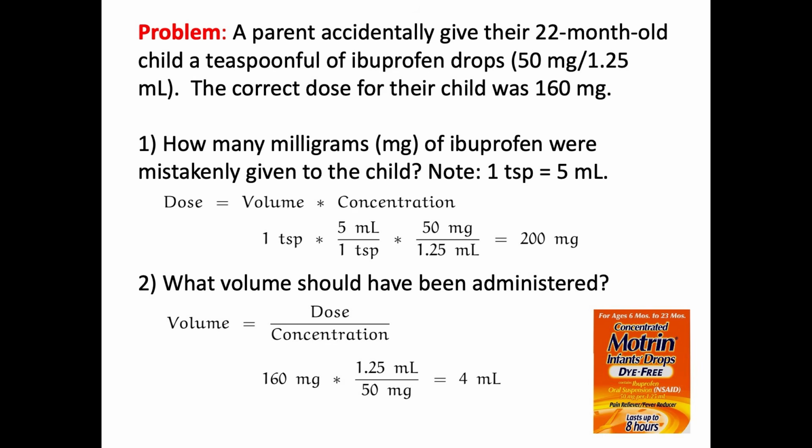That way the units of milligrams cancel. Essentially, I'm dividing by the concentration this way. By doing that math, you can see that the final value is 4 milliliters. So to get 160 milligrams, the child should have consumed 4 milliliters of this medicine.